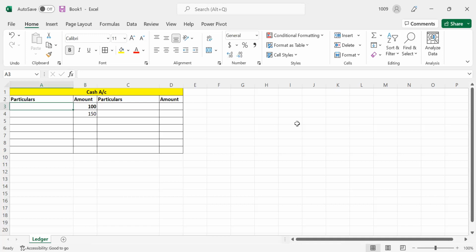For example, we received this money from someone, like pocket money. I have received this cash from Papa and received money from Mom, just like pocket money that you might have received.